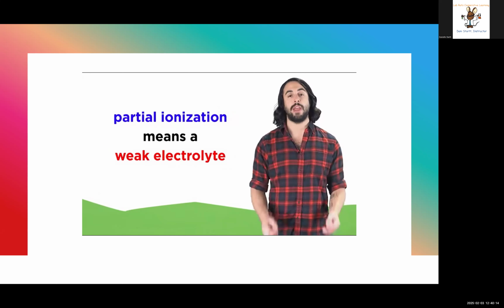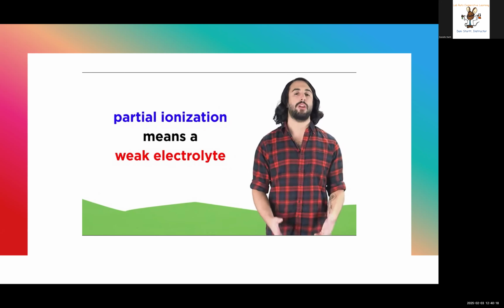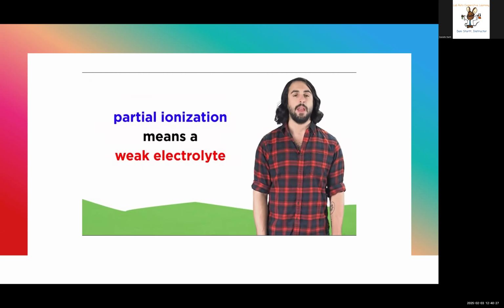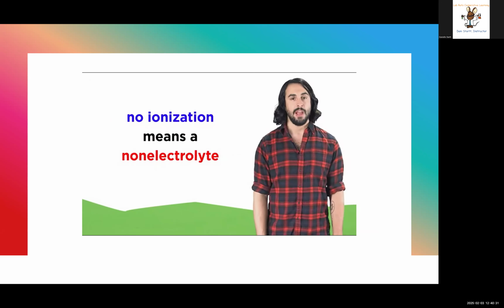If a substance only partially ionizes in solution, meaning some particles dissociate and some do not, this will be called a weak electrolyte, which will still conduct electricity, but not as well as a strong electrolyte. And as we said, a substance that does not dissociate at all will be a non-electrolyte.